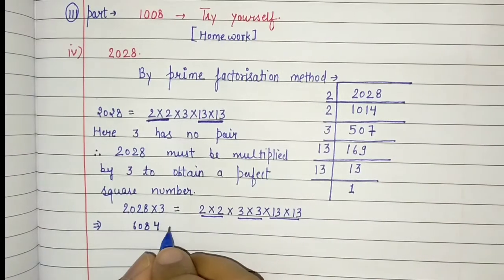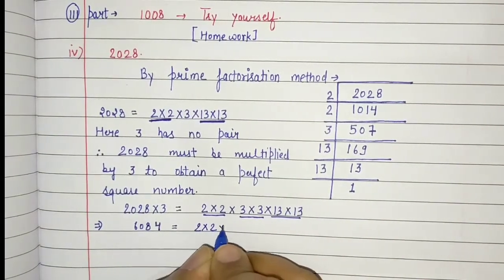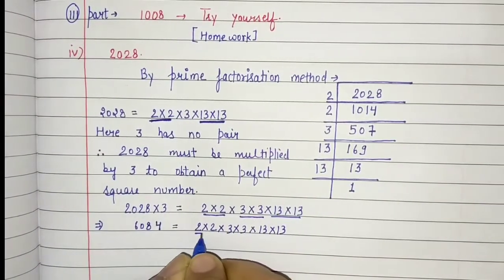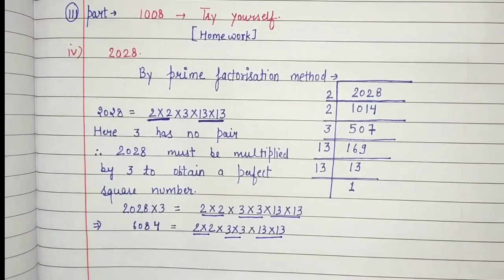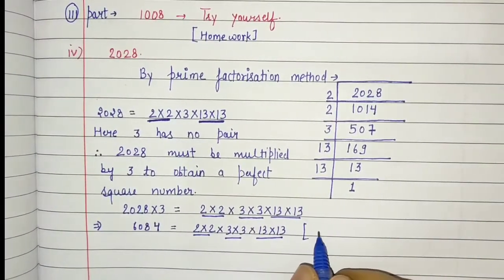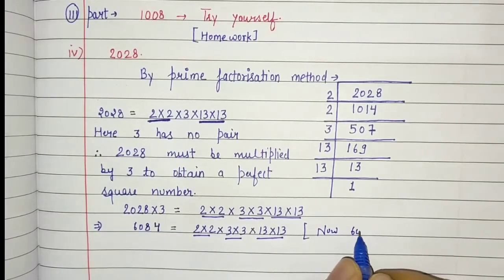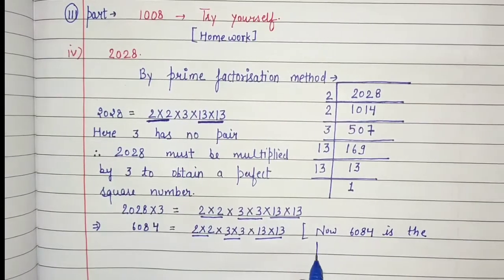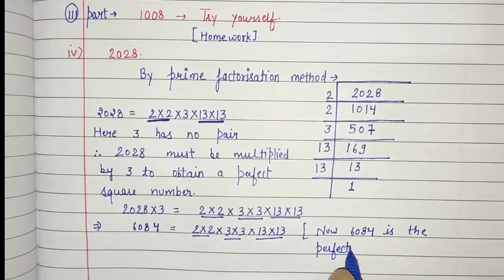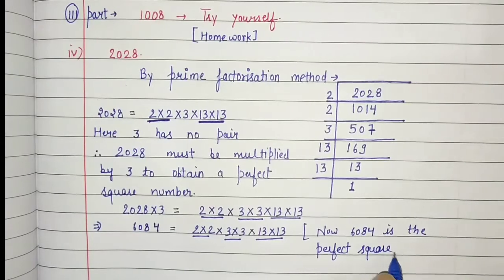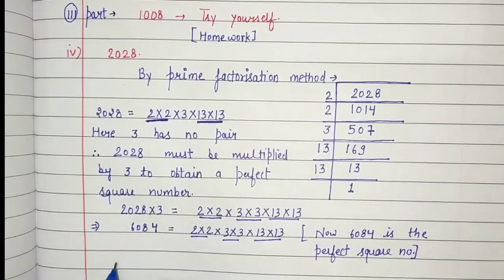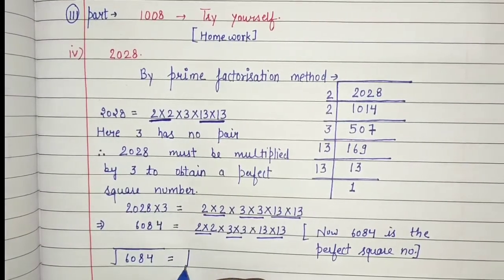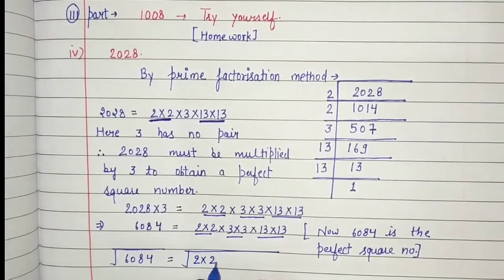If you multiply, you will get 6084, and here the same numbers, because this is the prime factorization of this number. 2 has a pair, 3 has a pair, and 13 has a pair. Here you can write now 6084 is a perfect square number. Similarly as we have done in both the parts, write down like this.